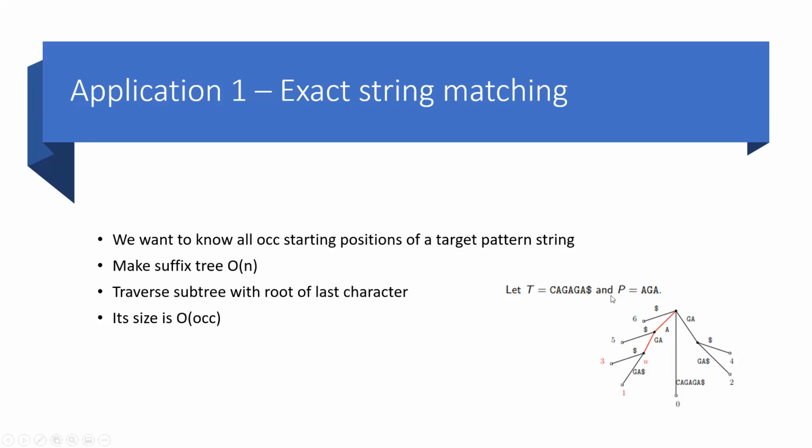So here, if our target pattern string is AGA and our string is CAGAGA, we could go AGA, and then here we could traverse the subtree with this root, and its size is going to be big O OCC.